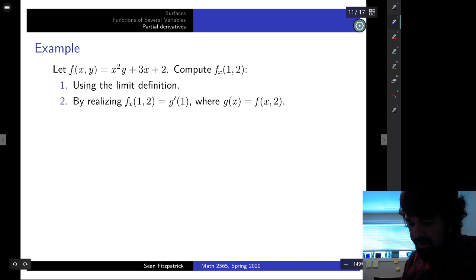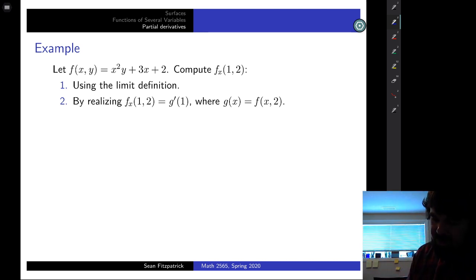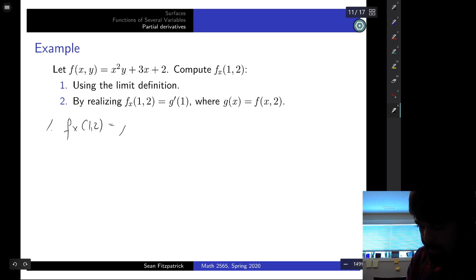Okay, so here's an example. So I've got some function. I want to calculate the partial derivative with respect to x at a point. So one of the things I could do is I could just use the limit definition. I could say, all right, well, the partial derivative with respect to x at the point (1, 2) is going to be the limit as h goes to 0 of f(1 plus h, 2) minus f(1, 2), over h.